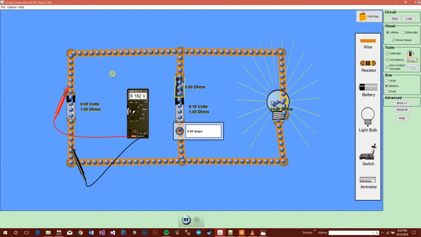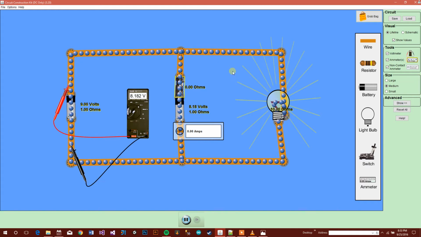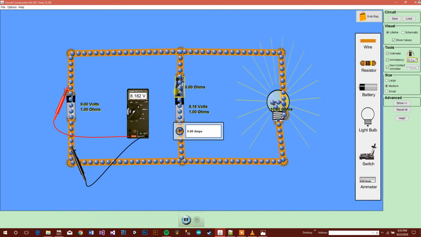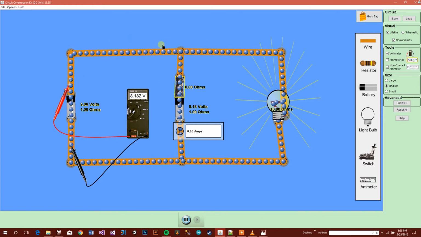And this is in pretty much everything. The one thing to keep in mind for this entire problem is that all three of these branches are in parallel, and they want to keep each other at the same voltage. All branches want to be at the same voltage here.